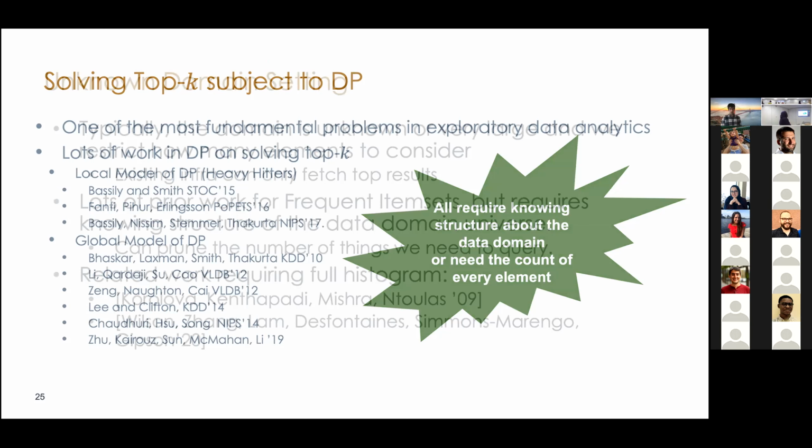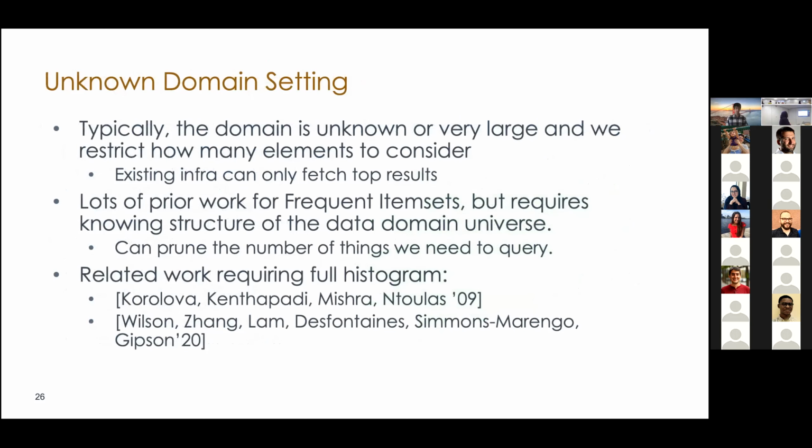So I want to motivate what I'm going to call the unknown domain setting, where we typically think of the domain as being very, very large, or just completely unknown. And it might be the case that existing infrastructure can only fetch top results and not return the entire histogram. It just might be way too big.